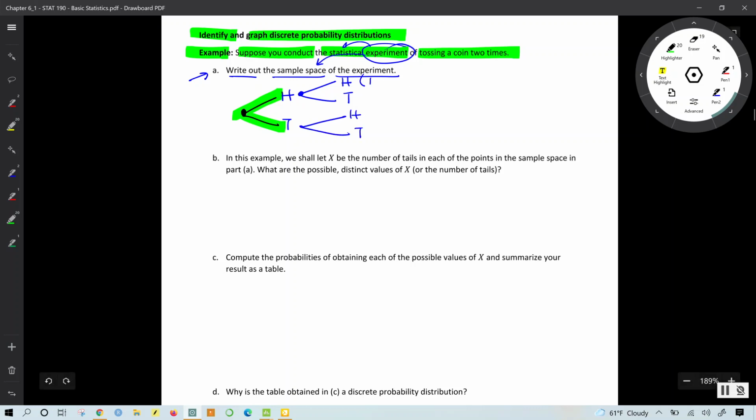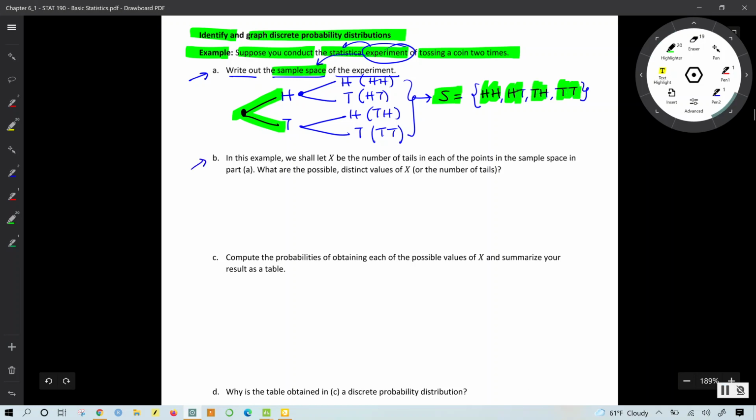So the sample space is head-head, head-tail, tail-head, or tail-tail. These are the set of all possible outcomes, which is otherwise called the sample space of this experiment. So the sample space will be given as S with the points head-head, head-tail, tail-head, and tail-tail.